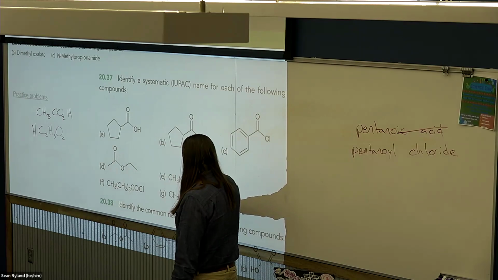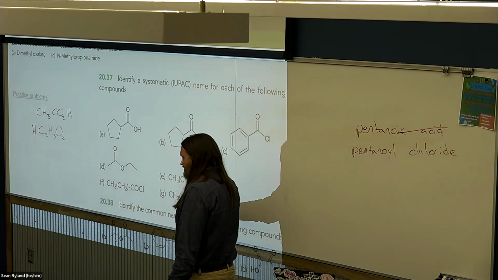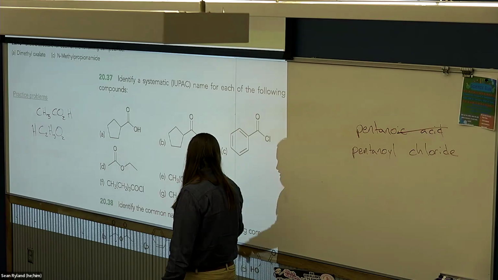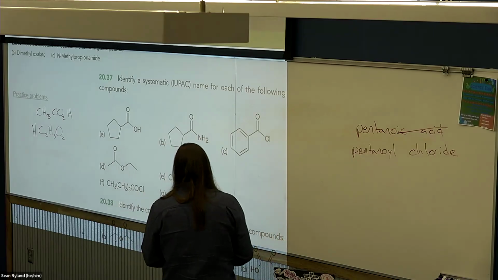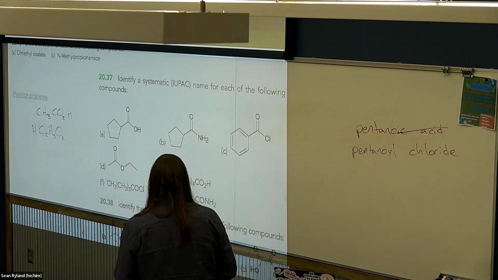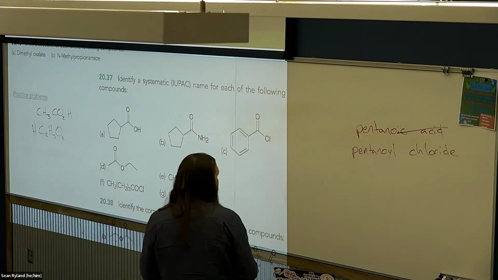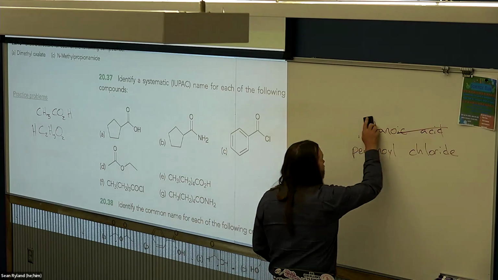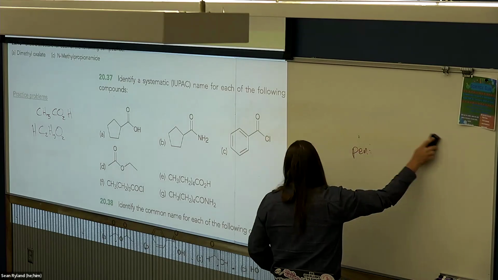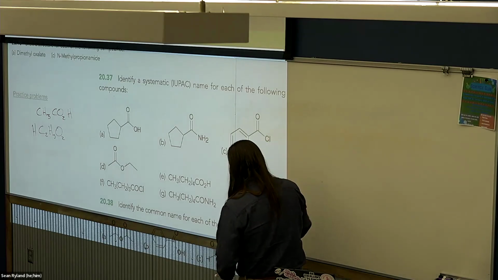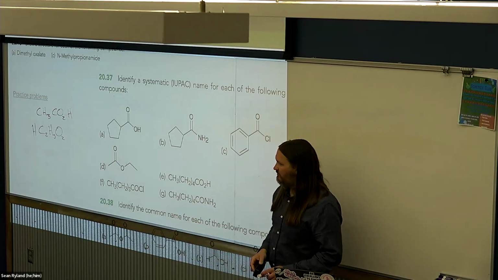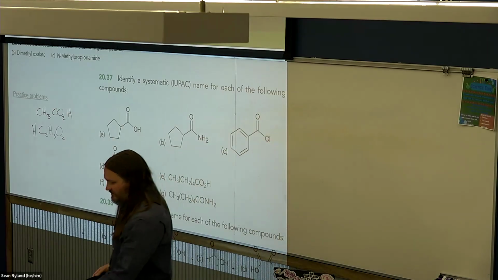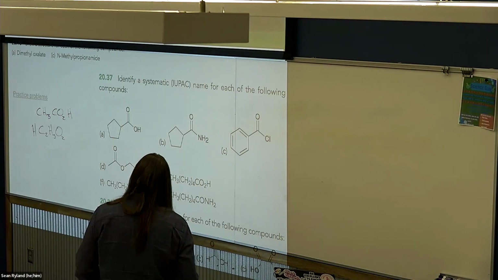And then this one's also 6 carbons, except this is what an amide looks like when you draw it in that structure. So it would be hexanamide. And then the last one is practice with common names, but we don't want to mess with common names right now.